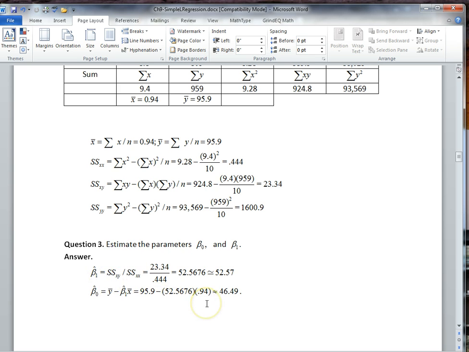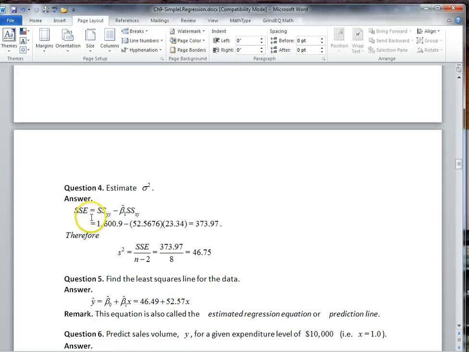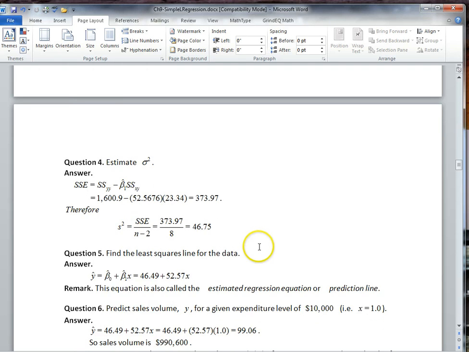And then x bar is 0.94, so I get this is the y-intercept. I also can estimate the sigma square, so SSE, I have these values already, and divide by n minus 2, which is 8, that gives me 4675. So that's a measure of my variability.